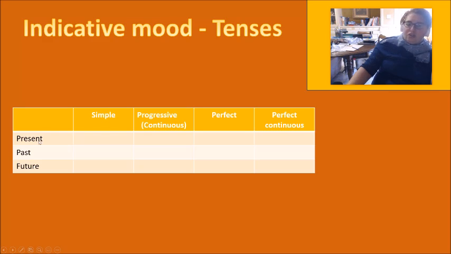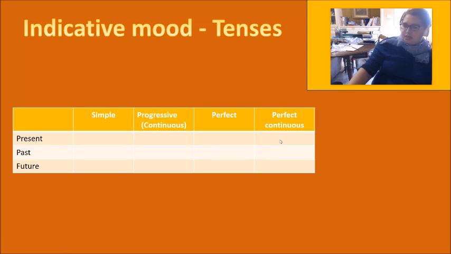So by crossing present, the time, with the type of continuity that the aspect means, we have, for example, the simple present, or the present continuous, or the present perfect, or the present perfect continuous.